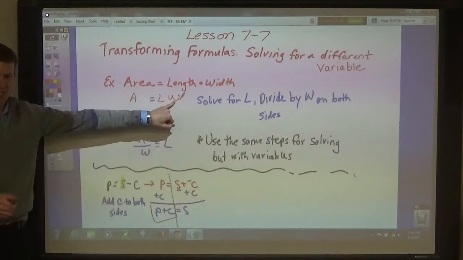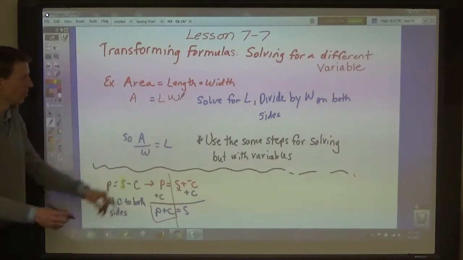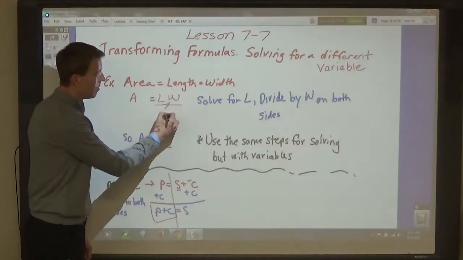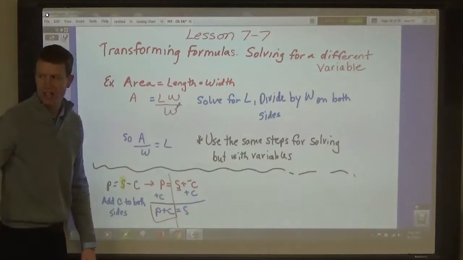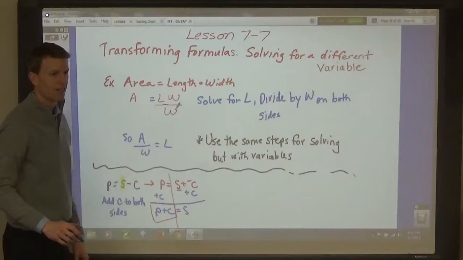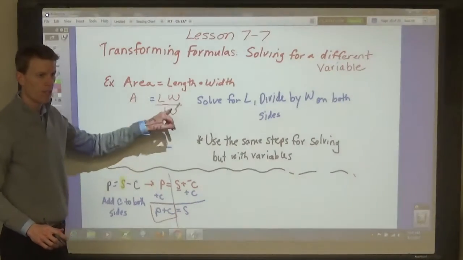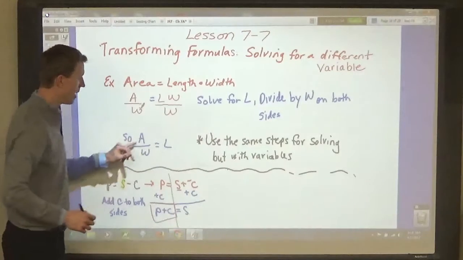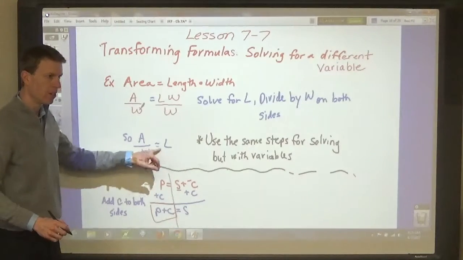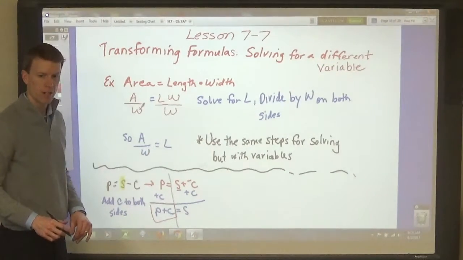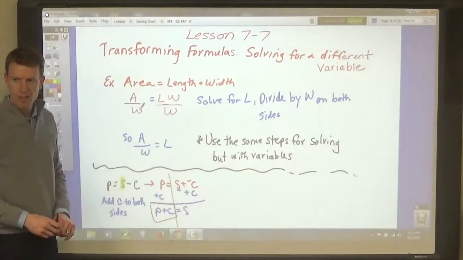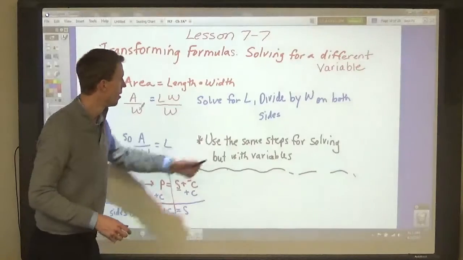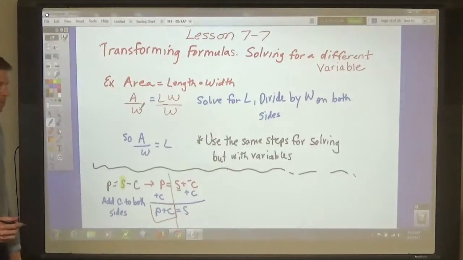What is the letter we're using? W. So divide this side by W. Brett, raise your hand. And should we divide it just on one side or both sides? Both sides. So that A divided by W equals L. Okay? That's an example of transforming the formula so that it is solved for L. Okay?